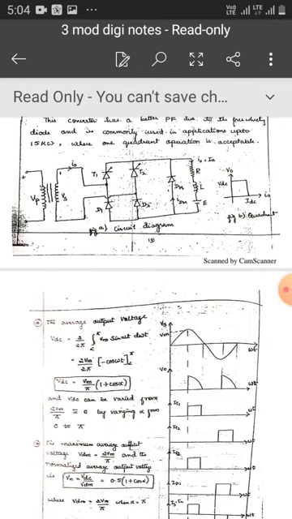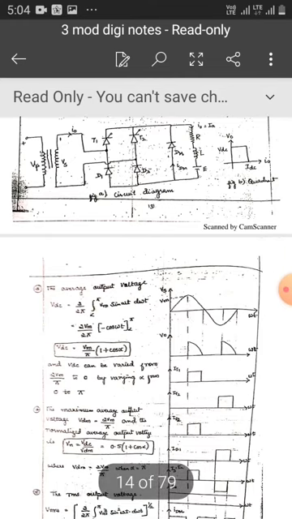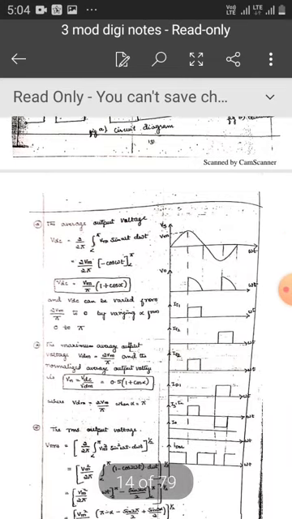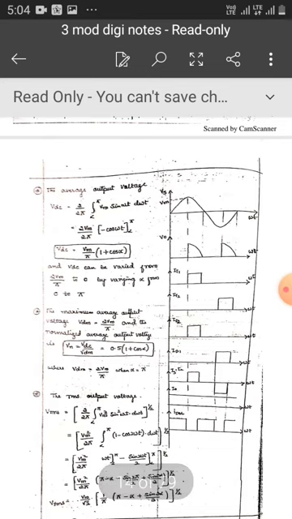As the load inductance increases, the ripple in I0 reduces. When the load inductance is very large, the ripple in I0 will be negligible and I0 can be treated as continuous and ripple free. Figure shows the waveforms of the single phase semi converter for large inductive load. The load current is continuous and ripple free.